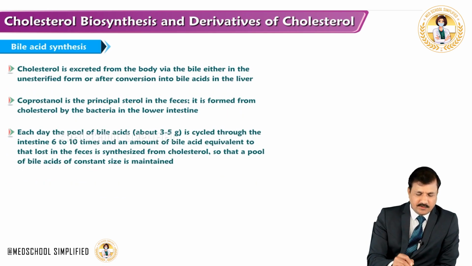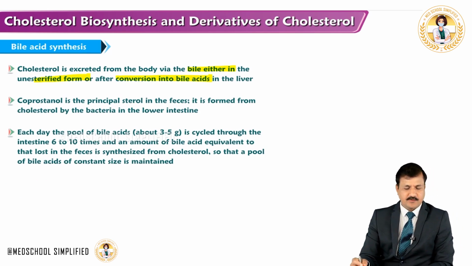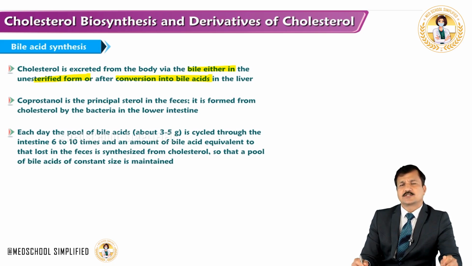Now the cholesterol which is excreted from the body is excreted via bile, either in the unesterified form or after conversion to bile acid. So this is a way that excess cholesterol can also get out of our body into the feces, either as free cholesterol or in the bile acid form.